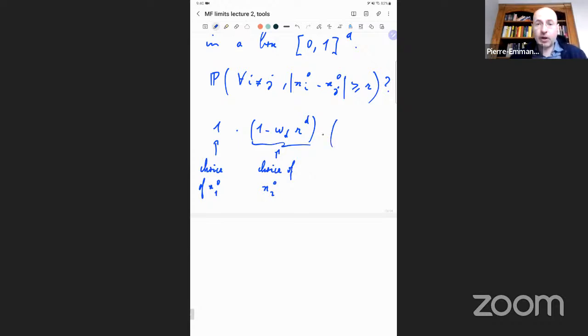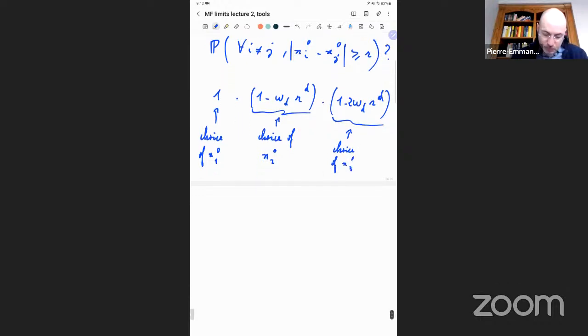And the third one, now I have to exclude two balls. And you see where I'm going, till the last one, where I have to exclude n minus 1 balls.